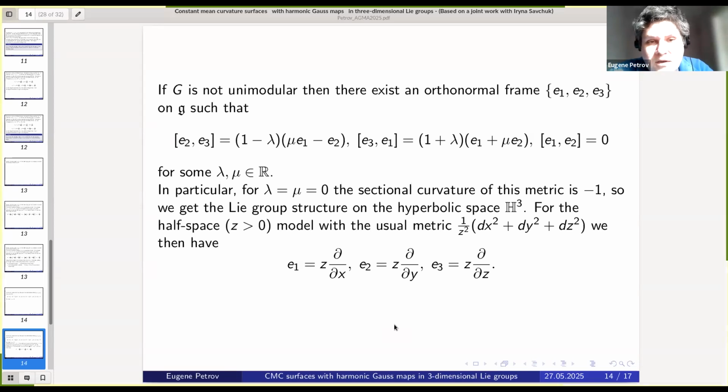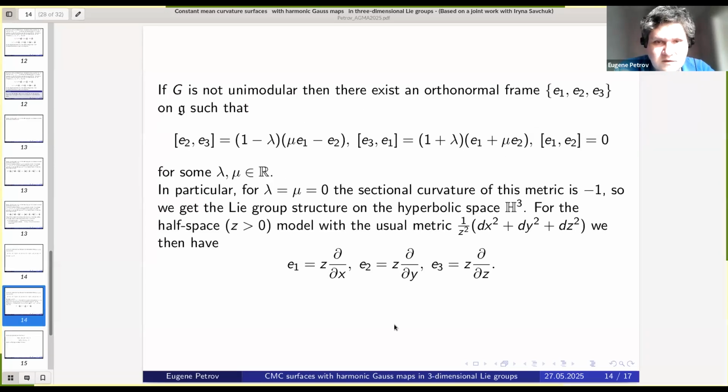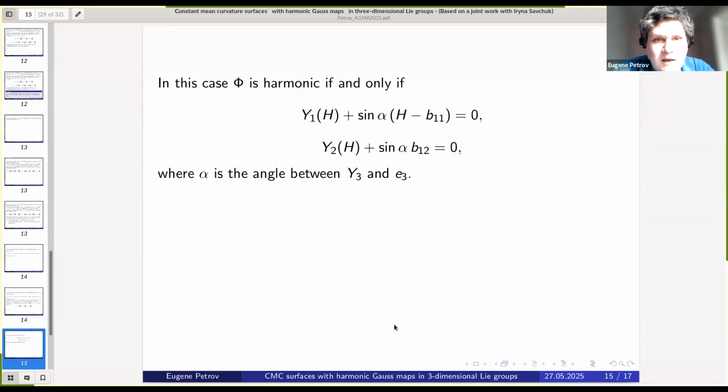And this is a case when lambda and mu vanish in these formulas. We get a half space model of H3 with the usual metric. We get this frame. These are the basic left invariant fields, and the criterion for harmonicity takes this form.